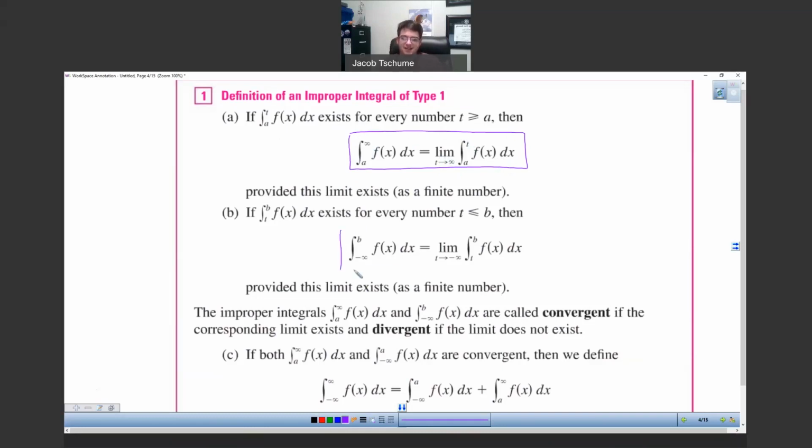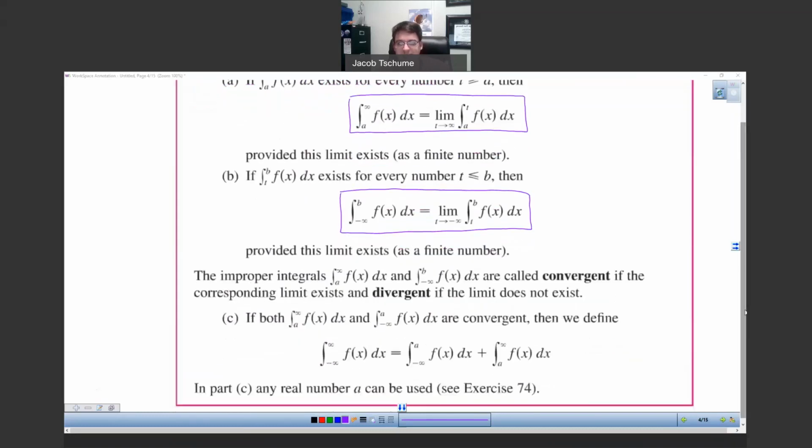It's almost identical if you do negative infinity. So if you're going from negative infinity to a b value, then you would change your negative infinity to t, and you would do the integral the same way, and then you would apply the negative infinite limit of the integral result.